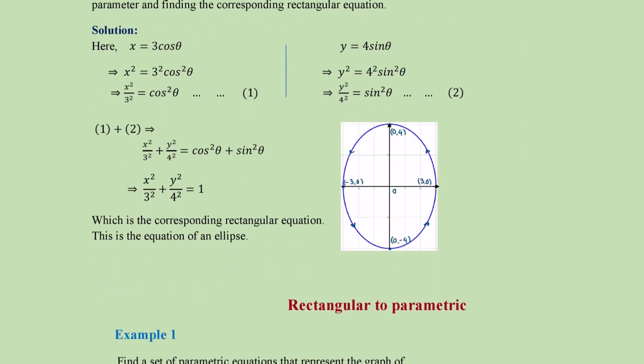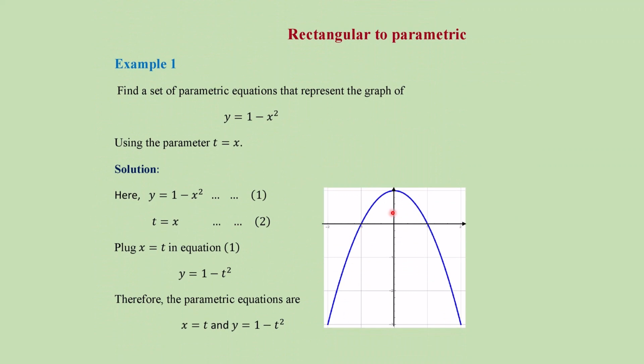Now we'll convert a rectangular equation to a parametric equation. That means we'll convert an equation which has x and y, and we'll introduce a new variable t, which is the parameter. So in example 1, we have y equals 1 minus x square, and we need to convert it to a parametric equation using the parameter x equals t.